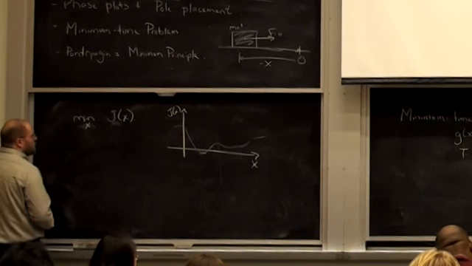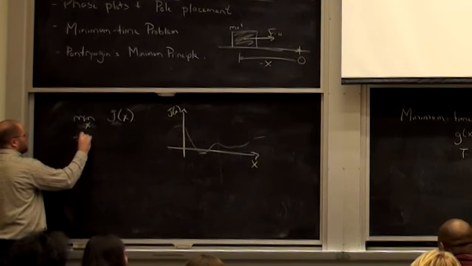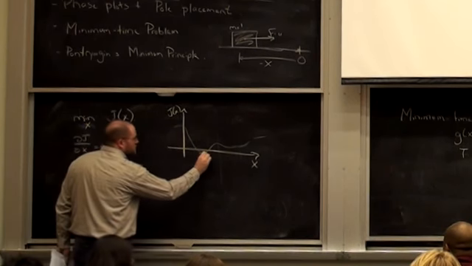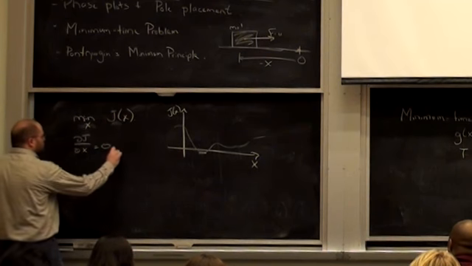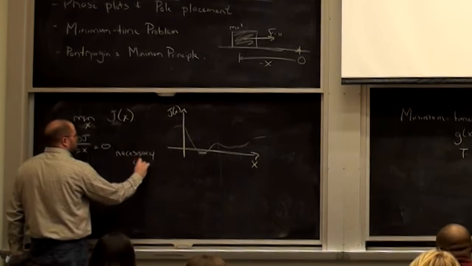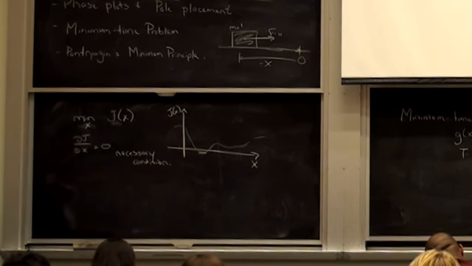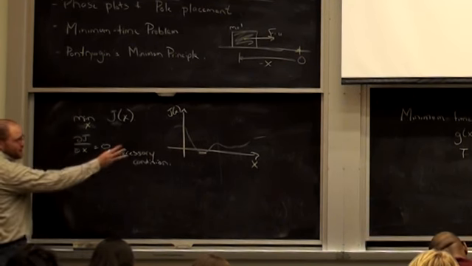So I can check by just checking if partial J partial x equals 0. Then I've got a candidate, a necessary condition for a minimum. That's actually a lot of it.